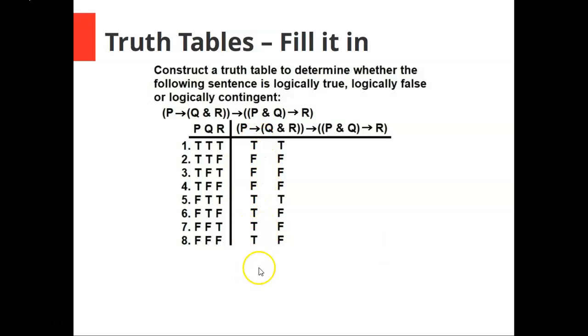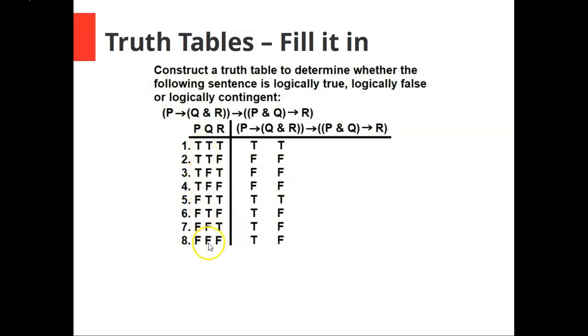Now we have the antecedent column for this big long conditional. Now we have to get the consequent. The consequent, we said again, is itself a conditional. The antecedent of that conditional is P and Q. So we look over to the P and Q column, and we apply that same rule. A conjunction is only true when both conjuncts are true, like on lines 1 and 2.